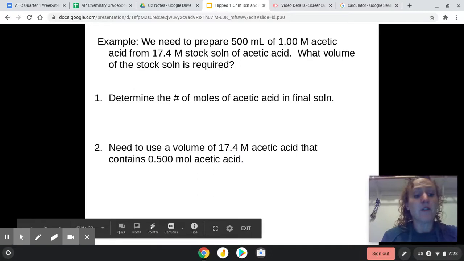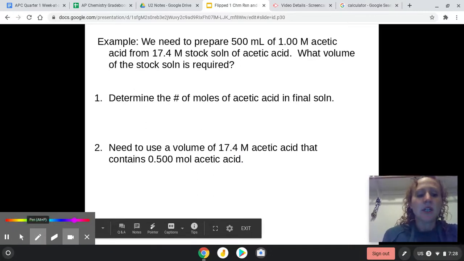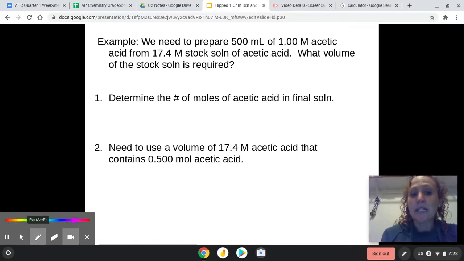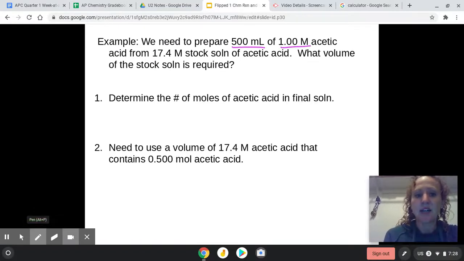All right, for example, we need 500 milliliters of 1 molar acetic acid from 17.4 molar stock solution of acetic acid. What volume of the stock solution is required?